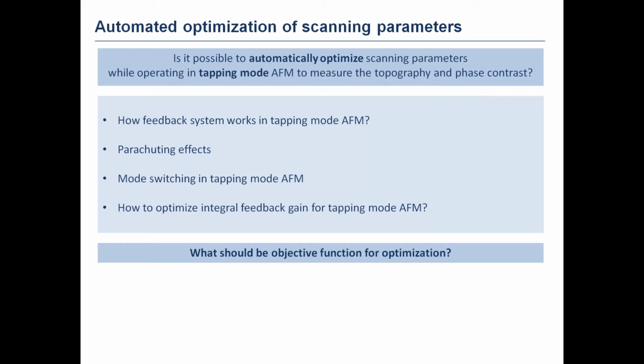We have to consider the so-called parachuting effects, and the effect of mode switching in tapping mode AFM. And we have to think how to optimize actually the at least integral feedback gain for tapping mode AFM. And in general, as in any optimization problem, we have to recognize what should be objective function for this kind of optimization.